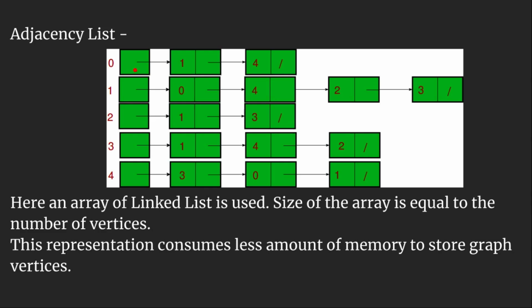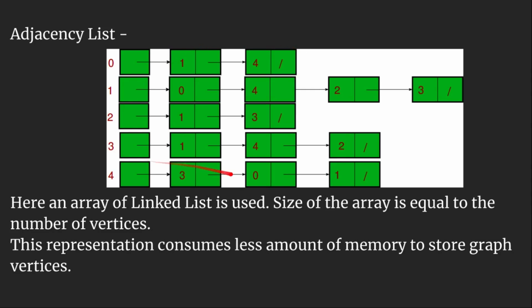We take an array of linked lists. At these indexes a linked list is stored, and for vertex 0, all the other vertices which are connected to it are stored using this linked list representation.